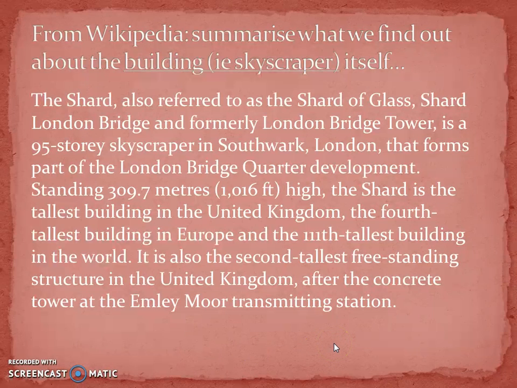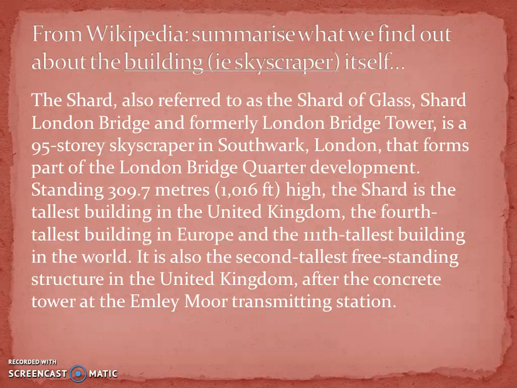So I'm going to demonstrate the process here. If you want to pause and read this, this is a section from Wikipedia about the Shard, and I'm going to imagine that I've been asked to summarise what we find out about the building, i.e. the skyscraper itself.